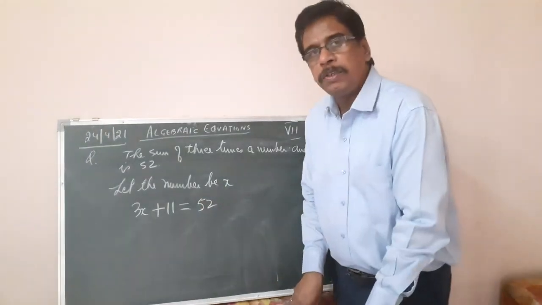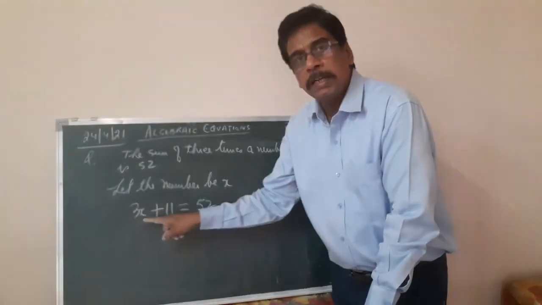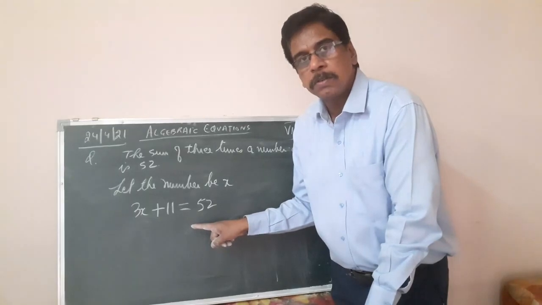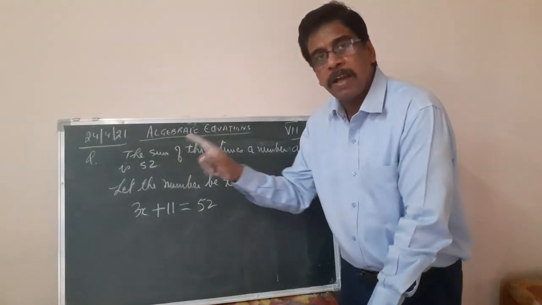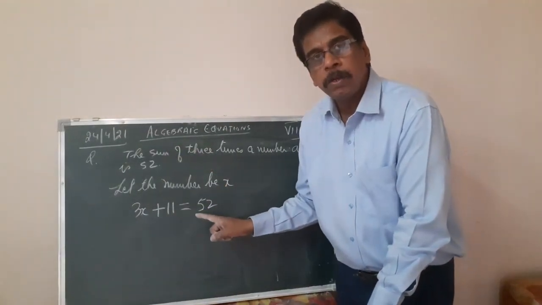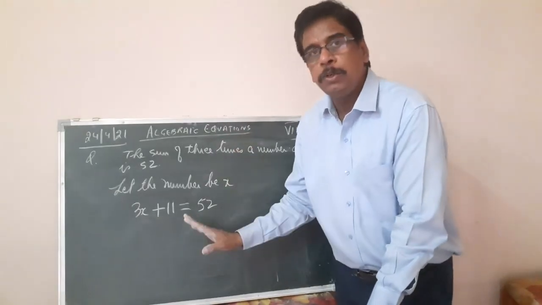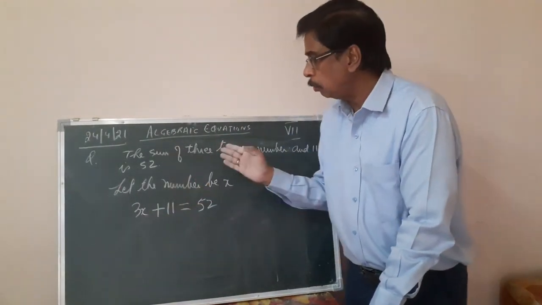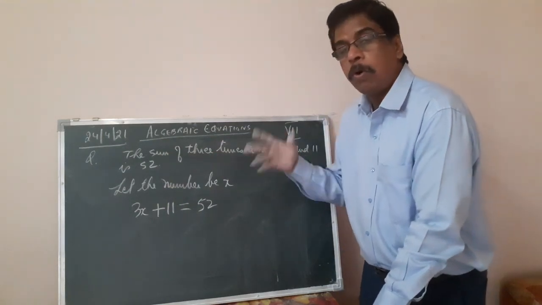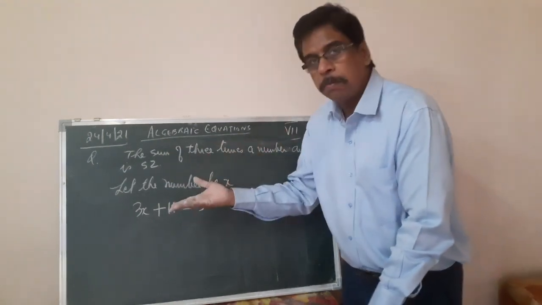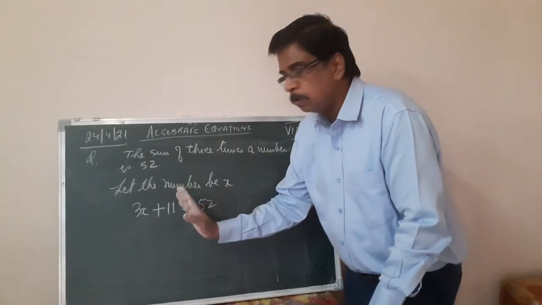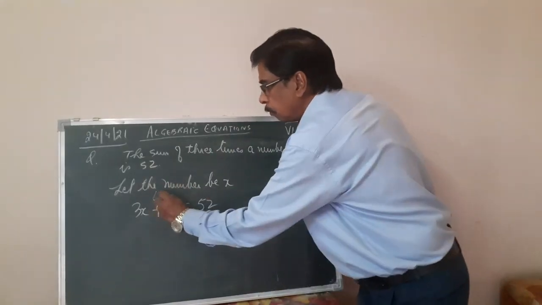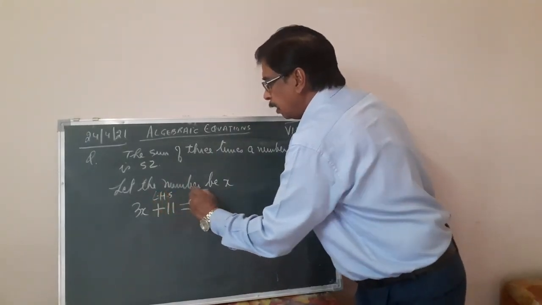So we have got an algebraic equation from this statement. We can also find the value of this variable x, the number. As I told you, in this we have the left hand side and we have the right hand side.